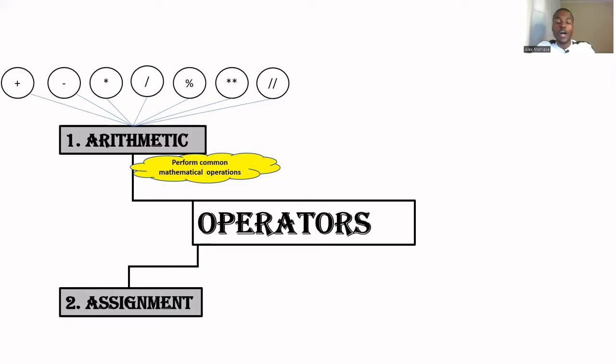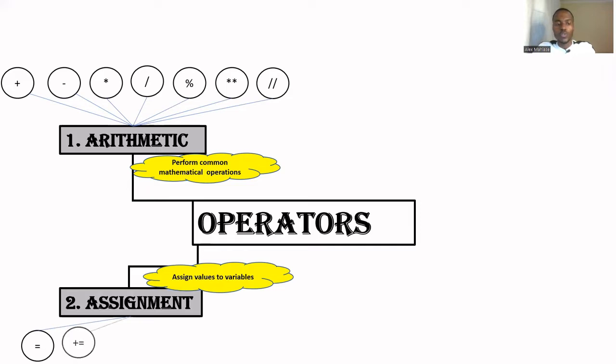Then we look at assignment operators, which assign values to variables. Let's repeat this again. They assign values to variables. Some of the examples are equals to, plus equals to, minus equals to, multiplication equals to, division equals to.